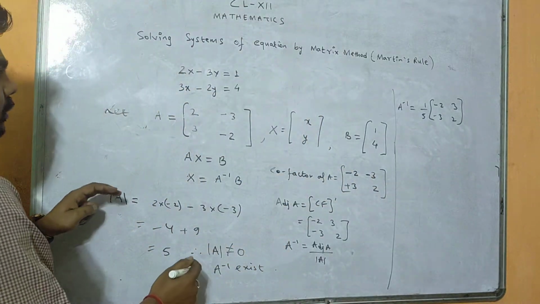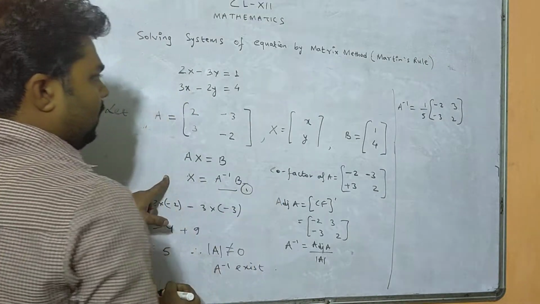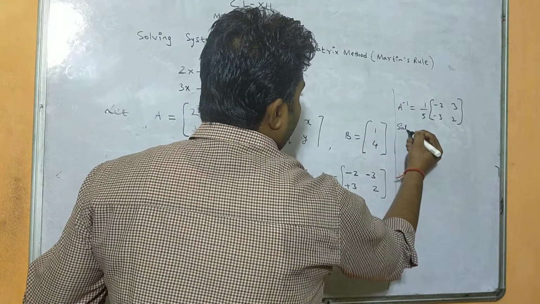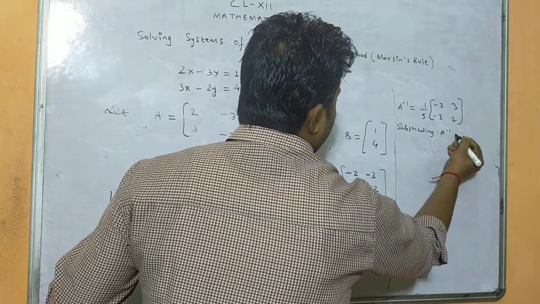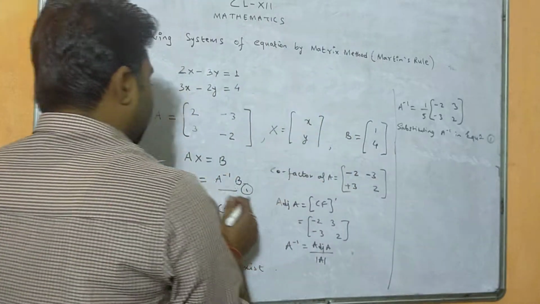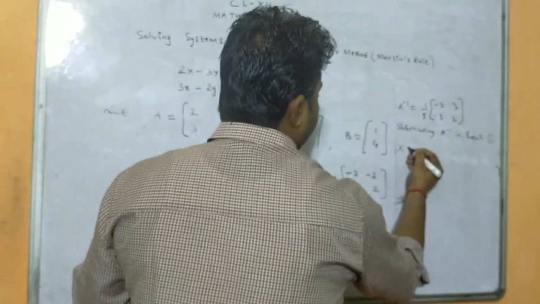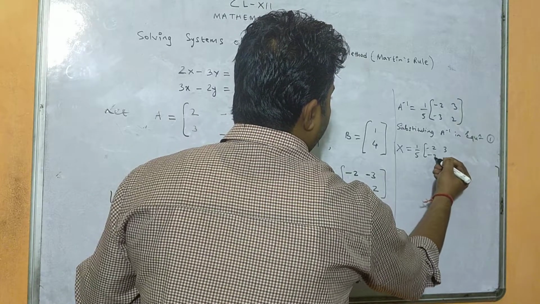Now we will substitute this A inverse in equation number 1. Let us consider this is equation number 1. If I substitute A inverse in equation 1, then I get X equals 1 by 5 times minus 2, 3, minus 3, 2.